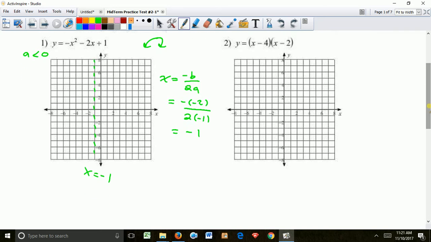So now you're going to get y is equal to the opposite of negative 1 squared minus 2 times negative 1 plus 1. And if you simplify all that, you're going to get 2. So this is telling you that the vertex is the point negative 1, 2.